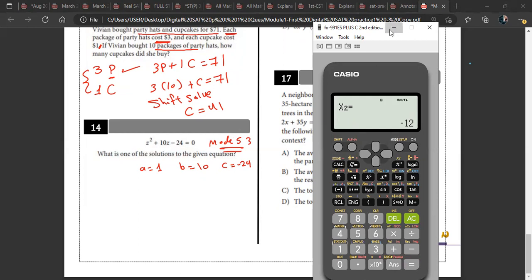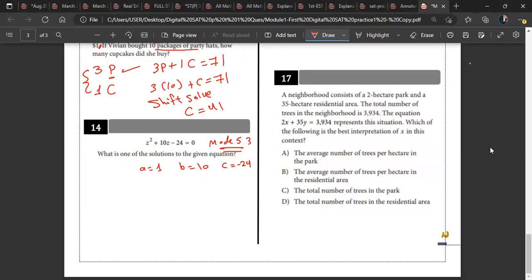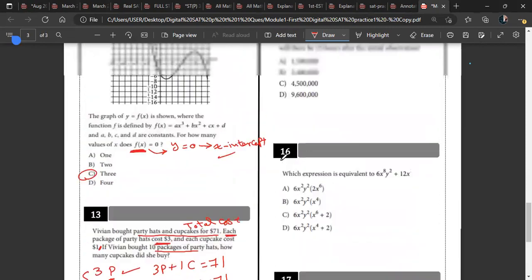So we can choose the easier one. Here, x equals 2 or x equals negative 12. Both are right, and you can put them in the exam, in the grading section. Is this clear? Any question?